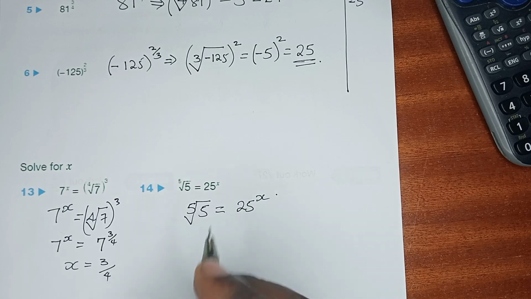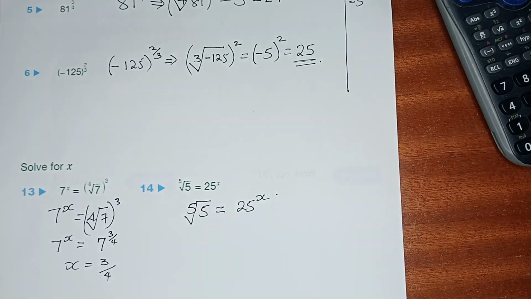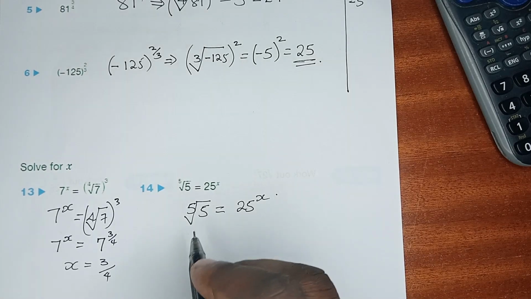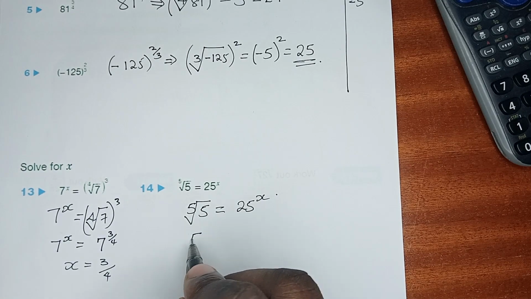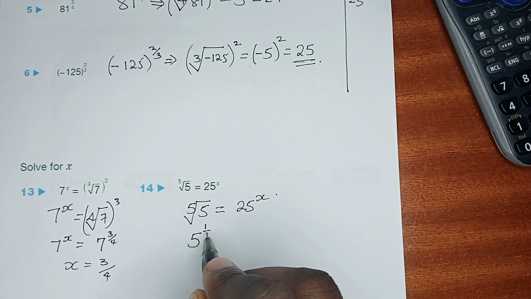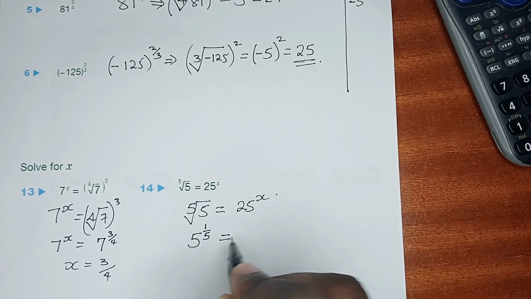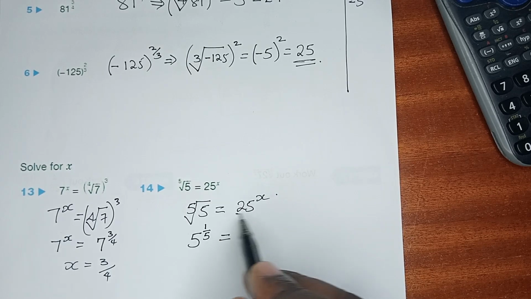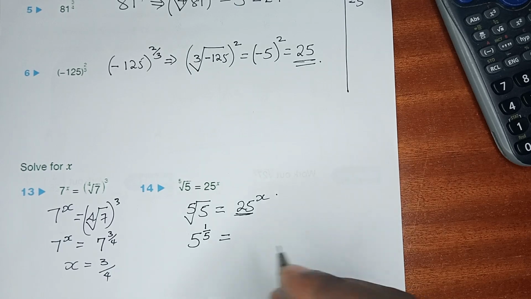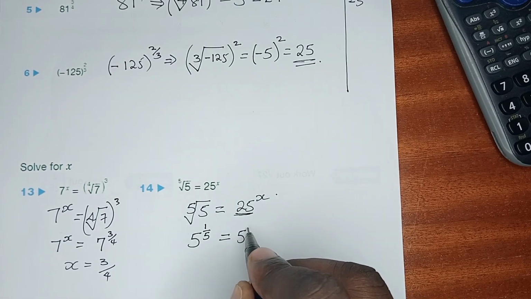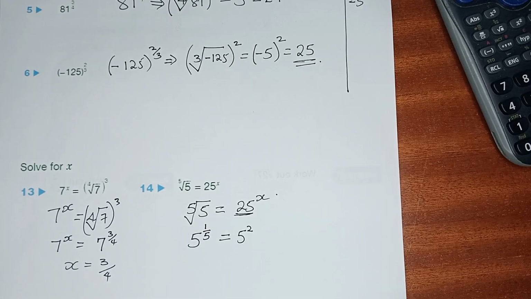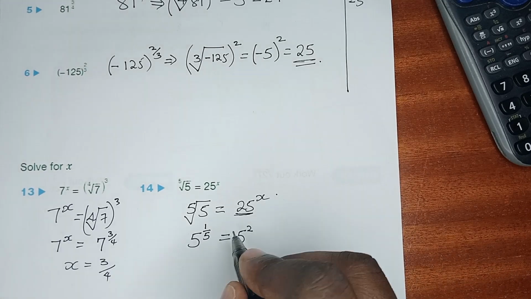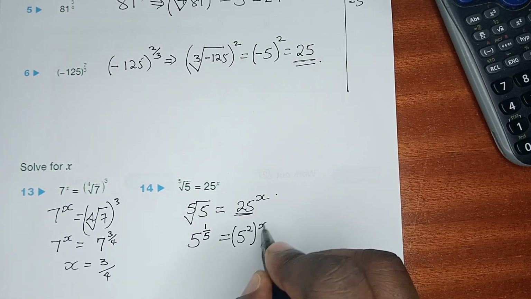It was a fifth root, and therefore we have to rewrite it in its right position as an index now, 5 raised to power 1 over 5 is equals to, and because we want the bases to be the same so that we can compare the two sides, we can write 25 in base 5 as 5 squared. It is this 5 squared which is raised to power x.